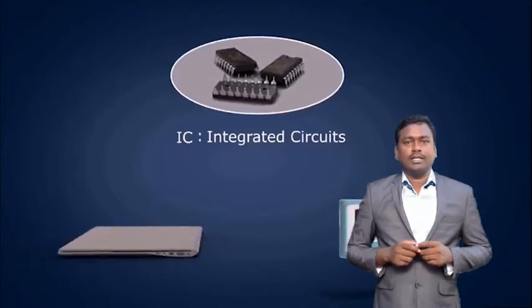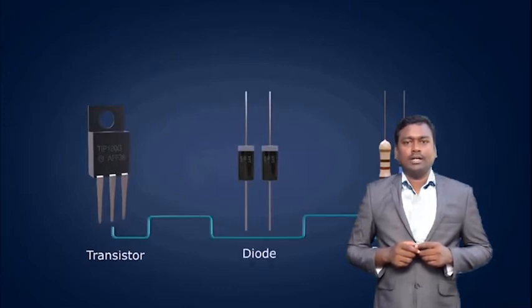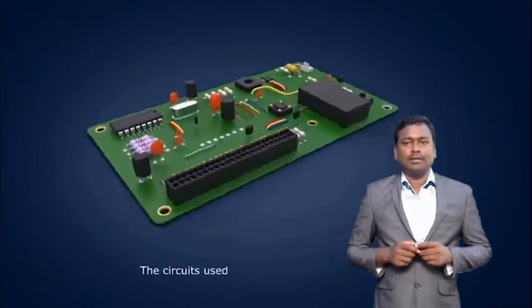Earlier, the electronic circuits were prepared using transistors, diodes, and resistors by joining those using conducting wires. Because of this, these circuits were huge and bulky.